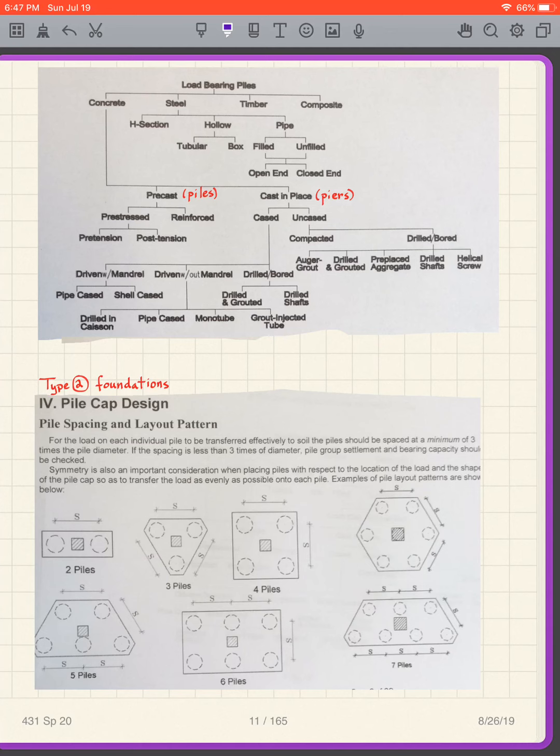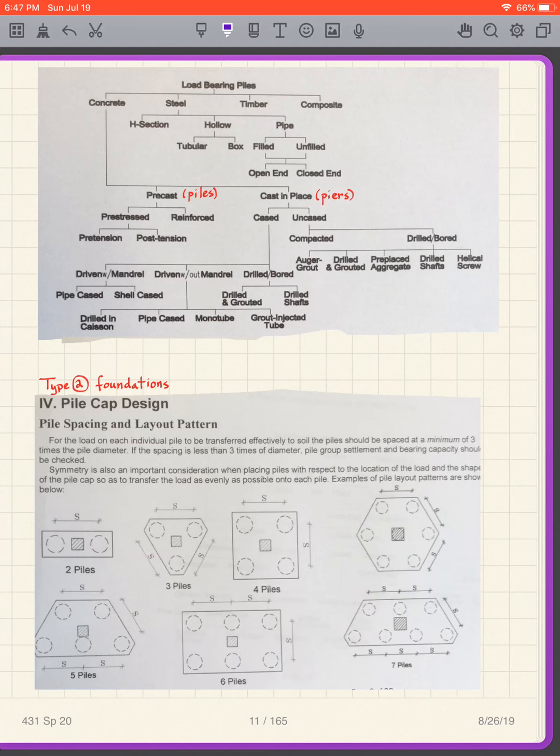There are many different ways to build these types of foundations. I'm not going to go through them for our purposes. In a practical sense, they're quite different, but the way that we're going to handle them is we're going to look at them as being very similar.